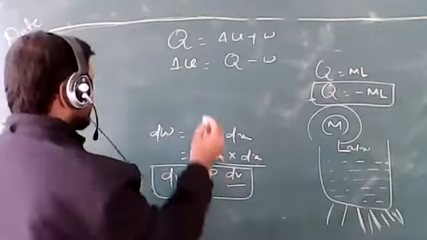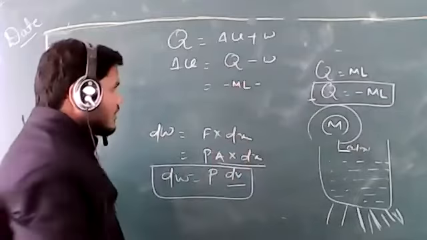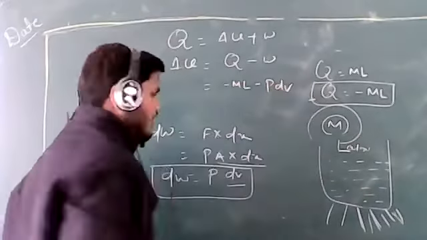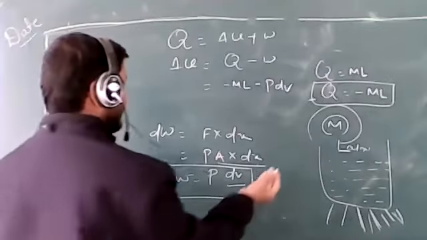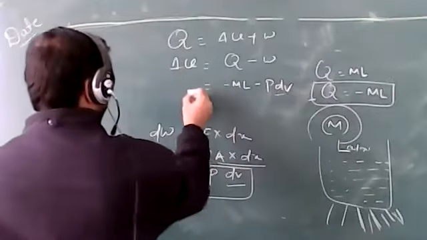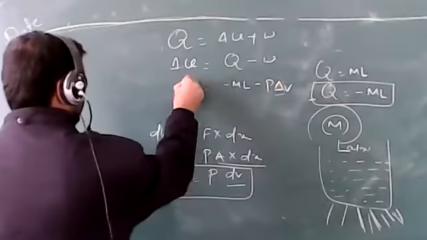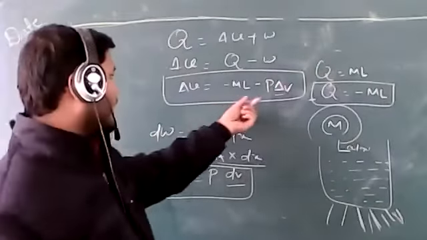So Q means minus mL, and the work is minus PdV, or P into delta V. So delta U equals minus mL minus PdV.